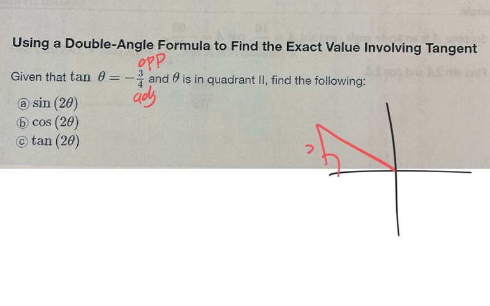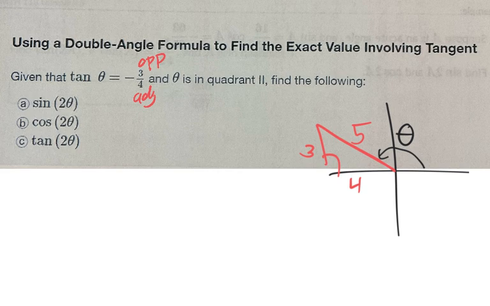The opposite is 3, the adjacent is 4, which means the hypotenuse is 5. It's a 3, 4, 5 Pythagorean triple. If you didn't know, you could have used the Pythagorean theorem to find it. But this is rotating theta, because I'm finding tangent of theta.